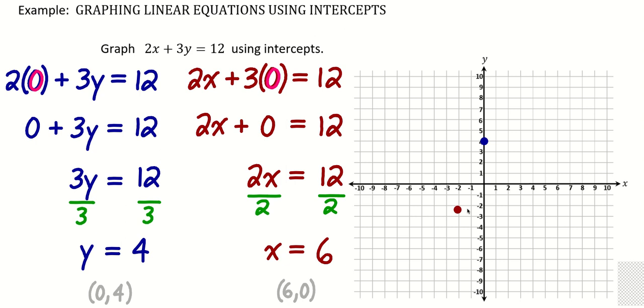That it's the x-intercept, which is its own separate point of 6, 0. And guess what? If you have two separate points, can't you now connect them to make your line? There you go. So that's the process of graphing an equation using both intercepts.